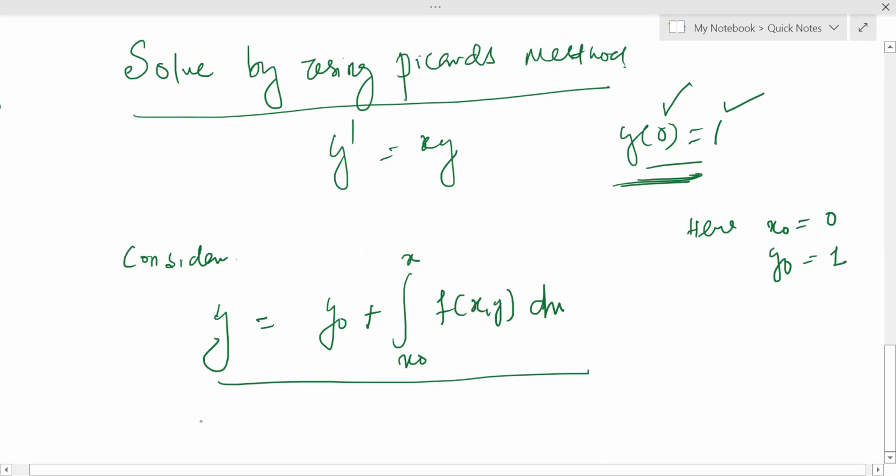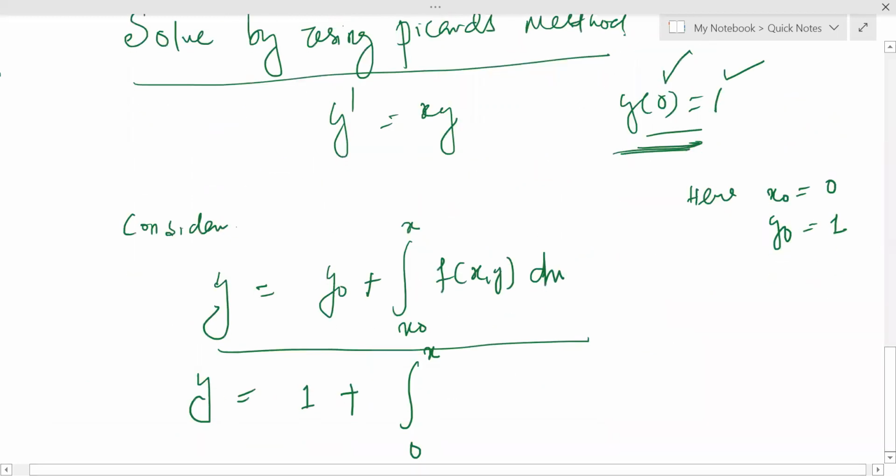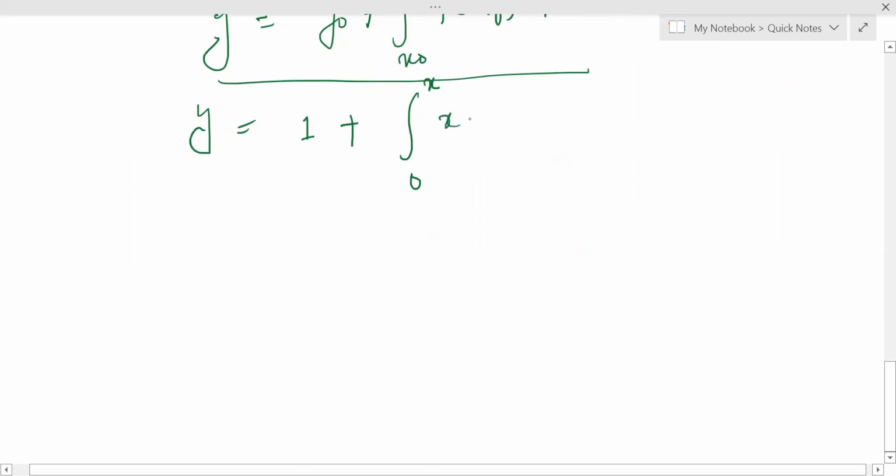So now this can be written as y is equal to 1 plus integration 0 to x of f of x, y, that is xy, dx.